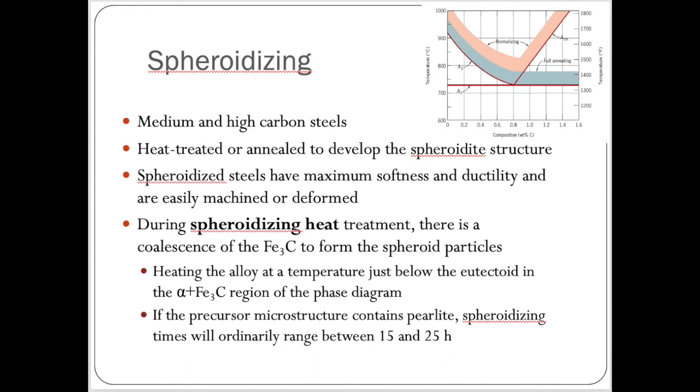Heating the alloy at a temperature just below the eutectoid line, that is line A1 in the figure, or at about 700 degrees Celsius in the alpha plus Fe3C region of the phase diagram. If the precursor microstructure contains pearlite, spheroidizing times will ordinarily range between 15 and 25 hours.